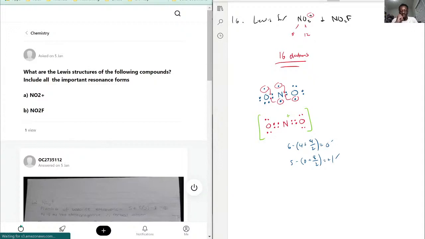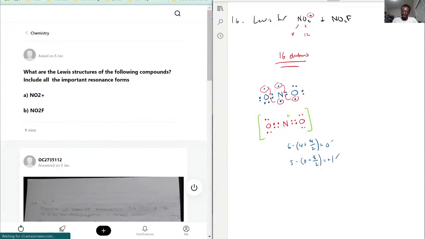Now, they do ask us to include all the important resonance forms. There are possible forms, but if I drew that resonance, it would no longer be following the octet rule.